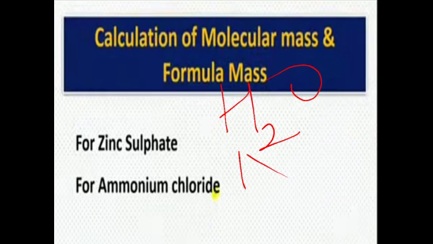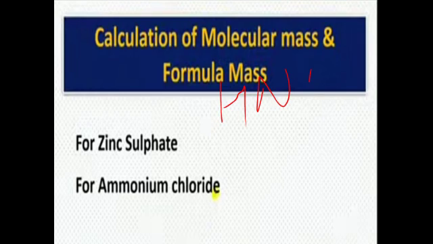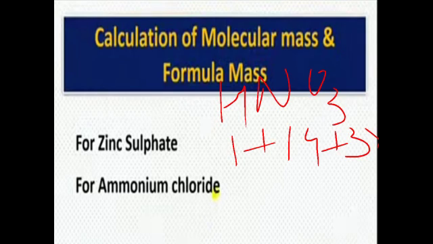Another example, if we want to take HNO3, how will we calculate it? Hydrogen, the atomic mass is 1, plus nitrogen, the atomic mass of nitrogen is 14, plus 3 into the atomic mass of oxygen, which is 16, right?